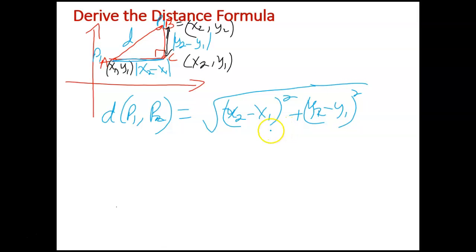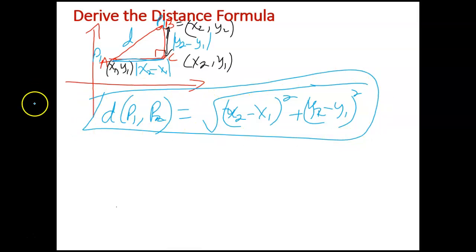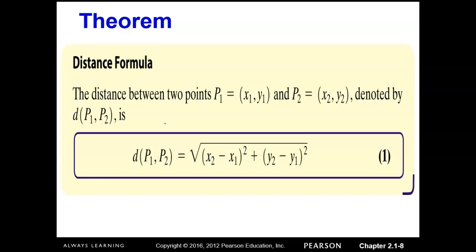Watch here that the plus is in between the y and x parts, but the subtraction, which is the distance, is always the subtraction between the x's and between the y's. So that's the distance formula. Again, this is just saying the distance between point P1 and point P2. That's what we just derived, so let's use it to solve a problem.